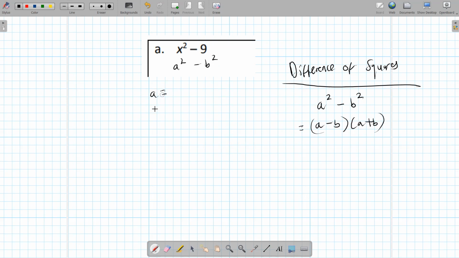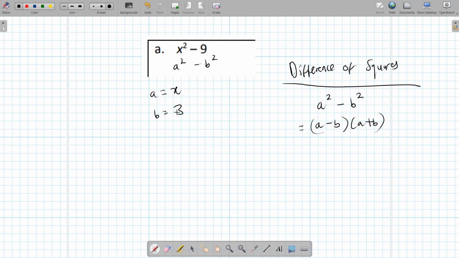What is a and what is b? A is x. What about b? 9. No, that's b squared. B squared is 9, what is b? 3. Yes.